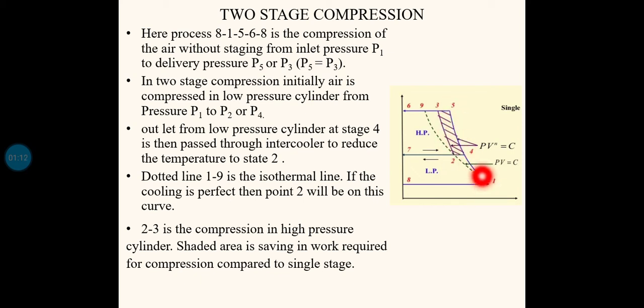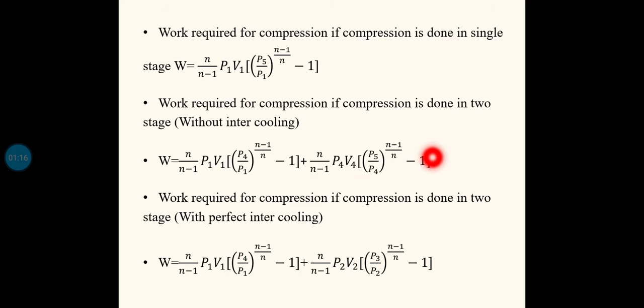So the initial pressure is P1, final pressure is P5. Therefore the work required for the compression from P1 to P5 is n by n minus 1 P1 V1 into (P5 by P1) raised to n minus 1 by n, minus 1. That was the general equation. Instead of P2 I am substituting P5, since here the final pressure is P5. If the compression is done in a single stage, this will be the work requirement.